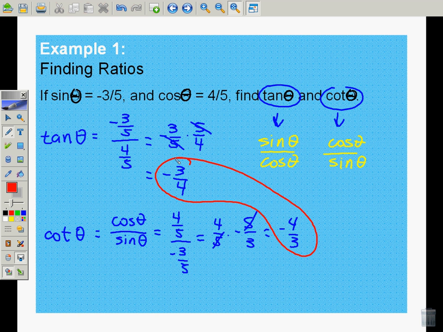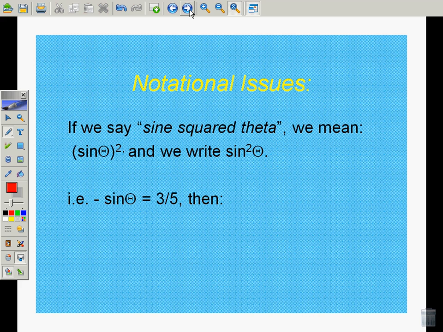And some of you are out there thinking, but what about the way that we learned before when we were talking about sine and cosine? It's okay. We'll see how it all relates in the end. All right? Now, let's talk a little bit about notation. If we say sine squared theta, this is what we mean. We mean the whole sine theta squared. And we write it like this, sine squared theta.